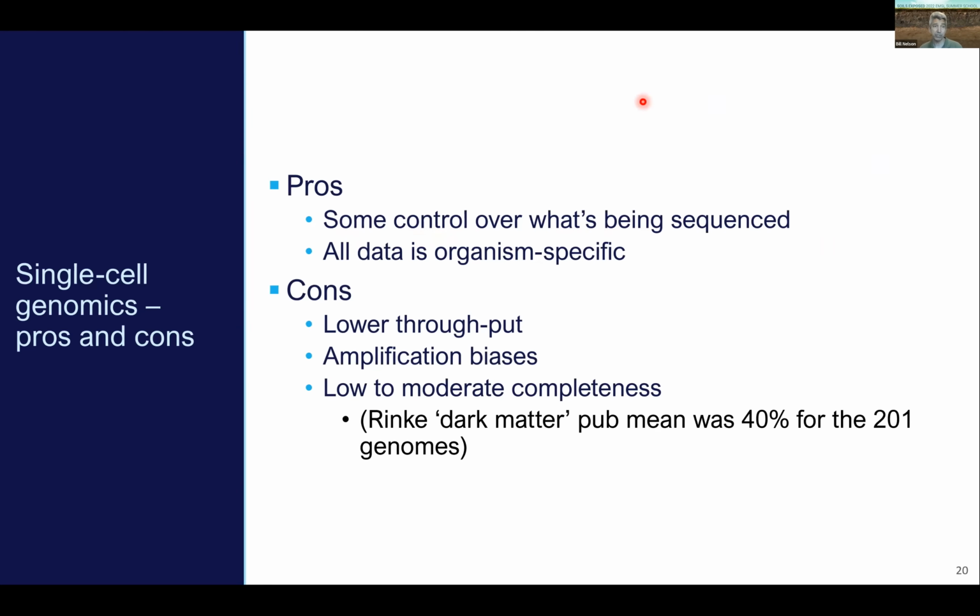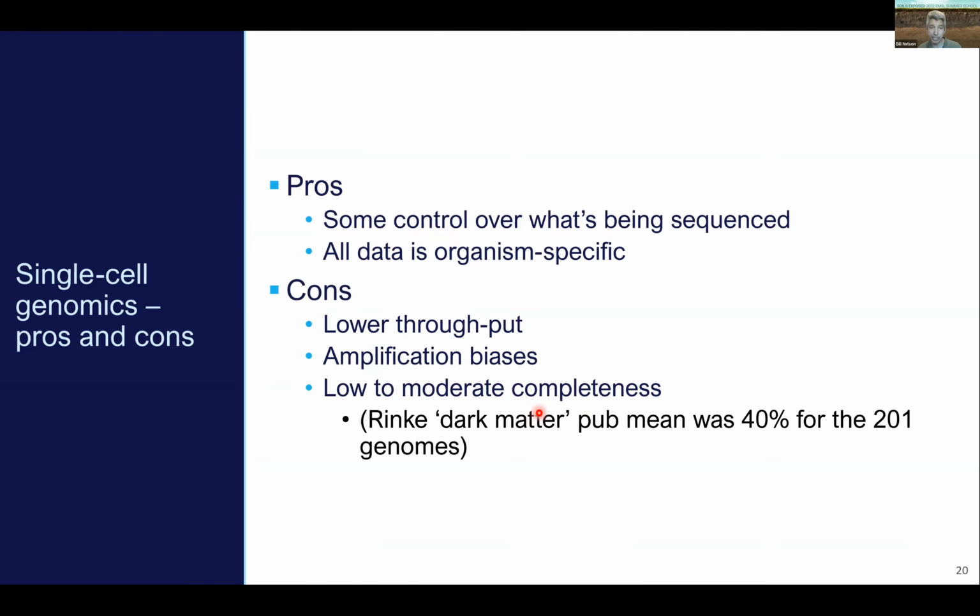The cons of single cell genomics: it's much lower throughput. There are amplification biases that have more to do with differential amplification of different areas of the genome, and that leads to low to moderate completeness values for the sequence. What this means is how well the sequence you get back represents the full genome that you started with. That's your completeness value.